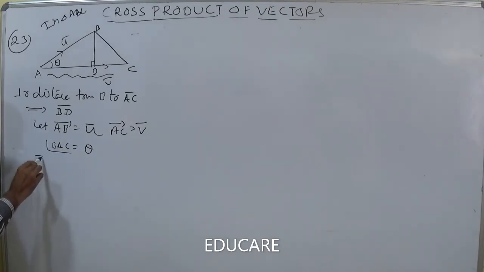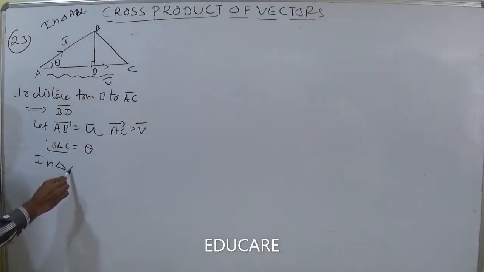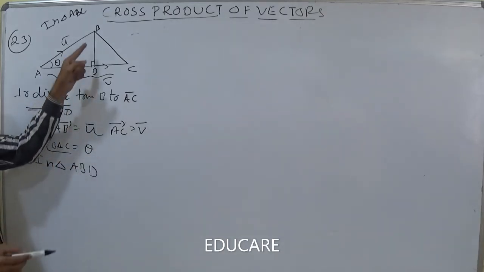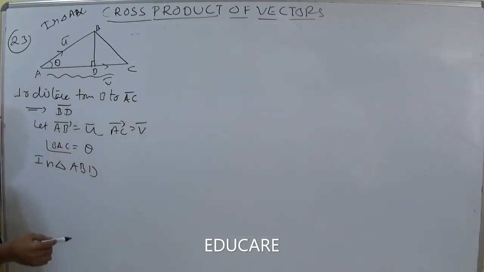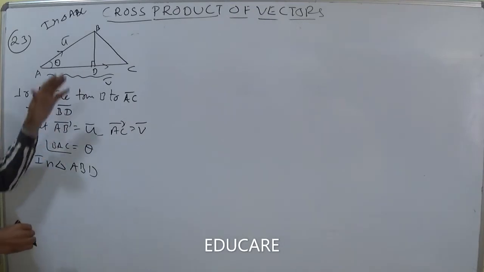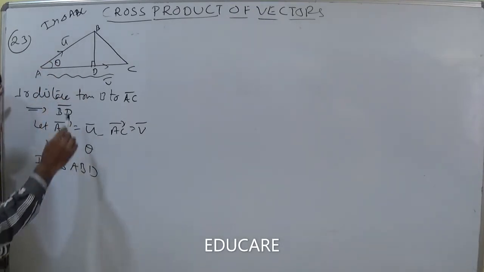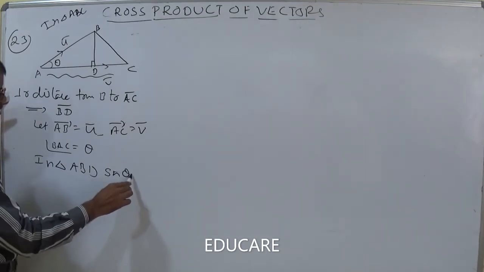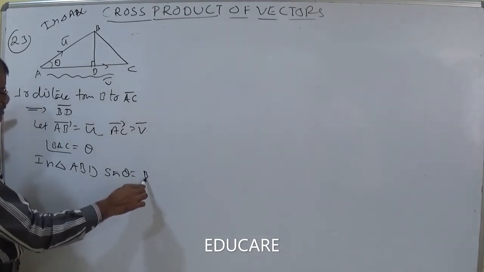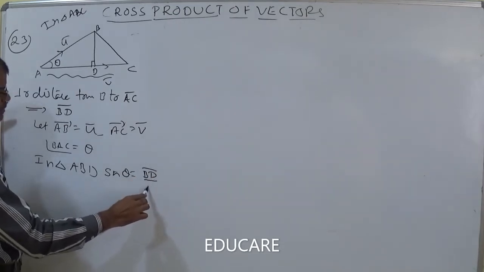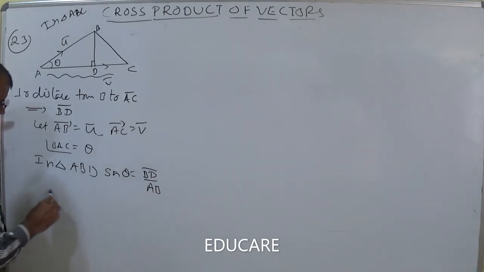Now in triangle ABD, because BD is the foot of perpendicular drawn from B to the line AC, we should calculate the perpendicular distance. In triangle ABD, sin theta is equal to BD by AB.